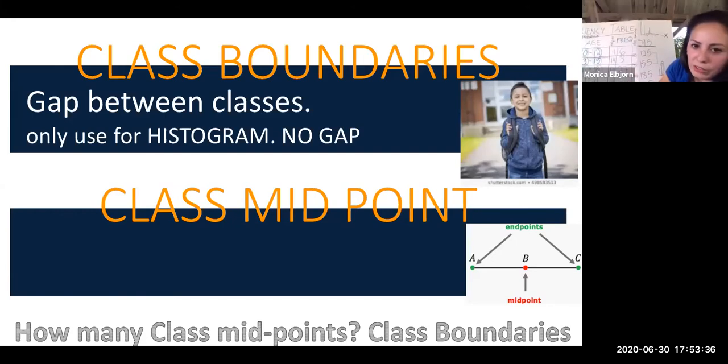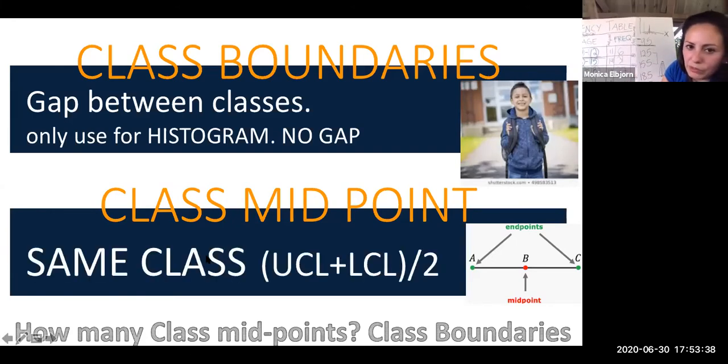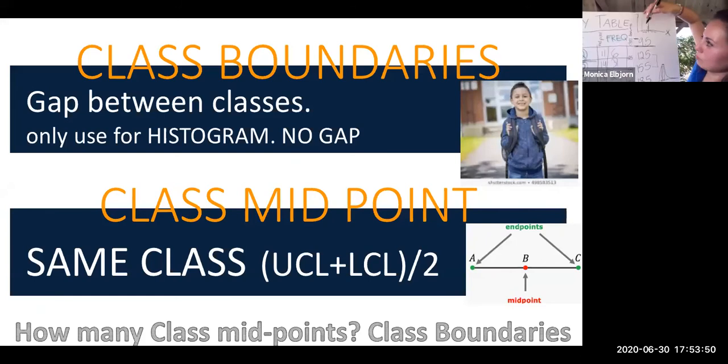Do you remember how to get the midpoint? It's the upper class limit plus the lower class limit, divided by 2. So 10 plus 12 divided by 2 is 11. Instead of putting 10 to 12, we're just going to put 11, and then over here 14.